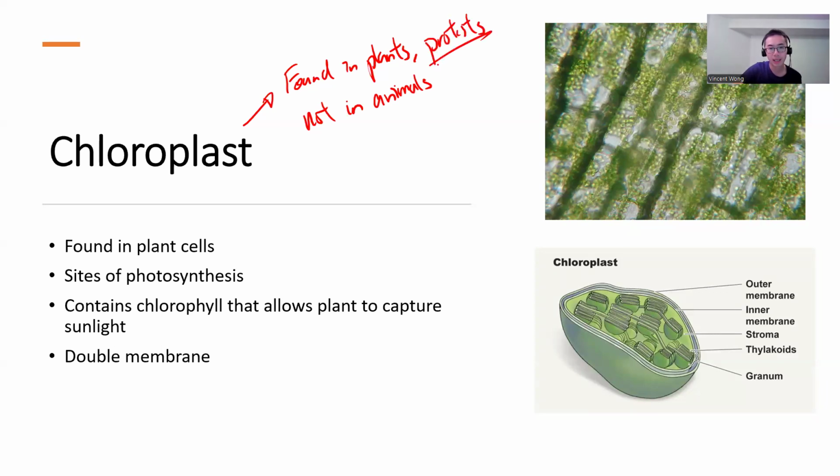Now I know I didn't really talk too much about protists, but examples of protists would be things like amoeba and the paramecium I told you about, right? Those belong to another group of organisms called protists, some of which have chloroplasts. The amoeba does not, the paramecium does not, but other kinds do. Like kelp, for example, is an example of a protist, and they have chloroplasts in them.